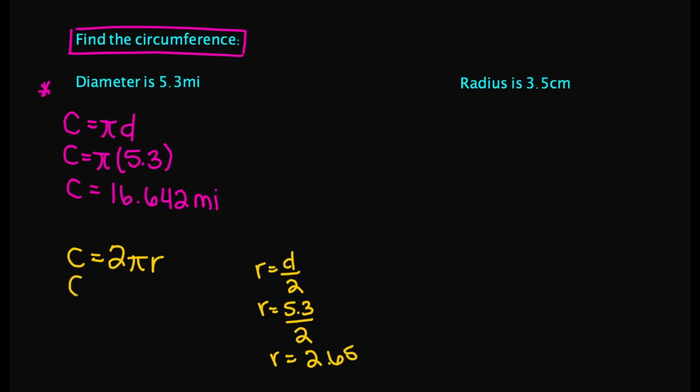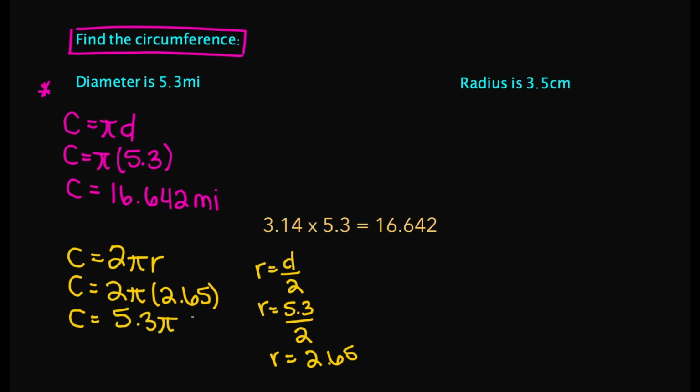So C equals 2 pi times 2.65, because that's your radius. Then 2 times 2.65 gives you 5.3 times pi, and 5.3 times pi is going to give you 16.642 miles as well.